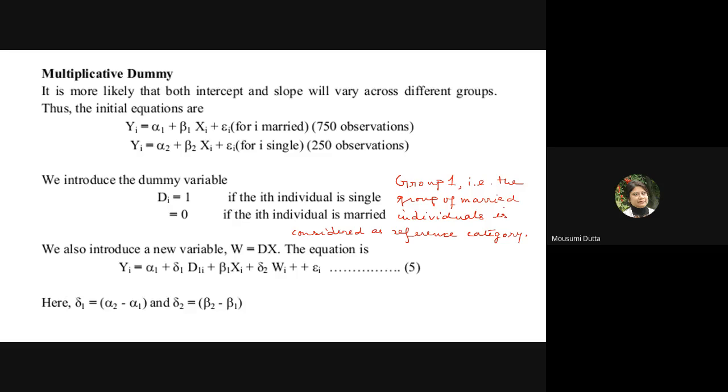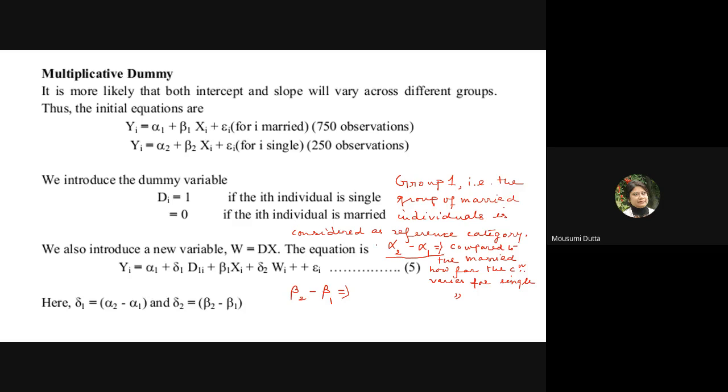So when I am considering alpha 2 minus alpha 1, this indicates the difference in intercept, and beta 2 minus beta 1, same concept, indicates the difference in slope.